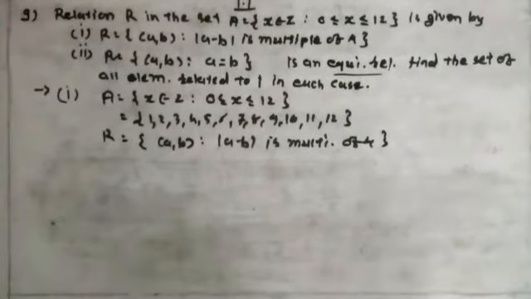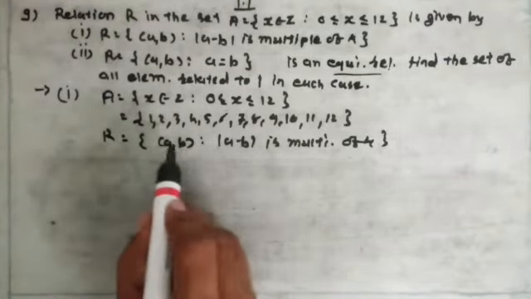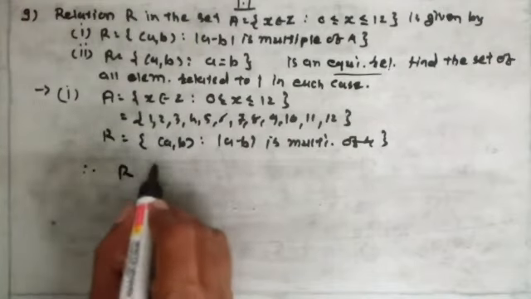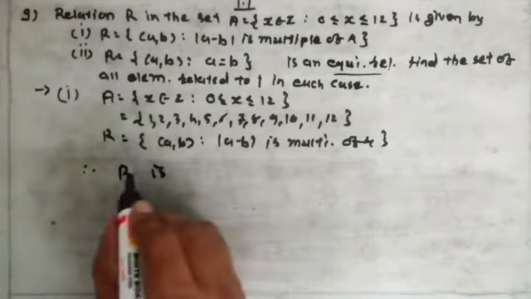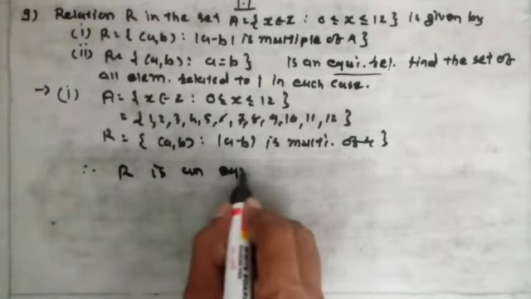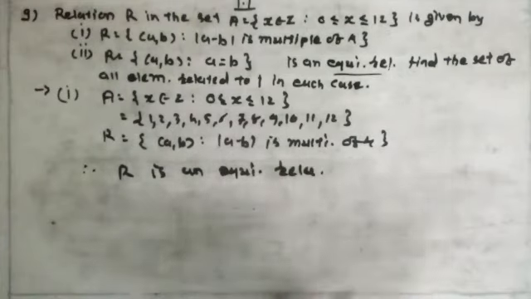So here relation R is reflexive, symmetric and transitive. So we say that relation R is an equivalence relation. Clear?